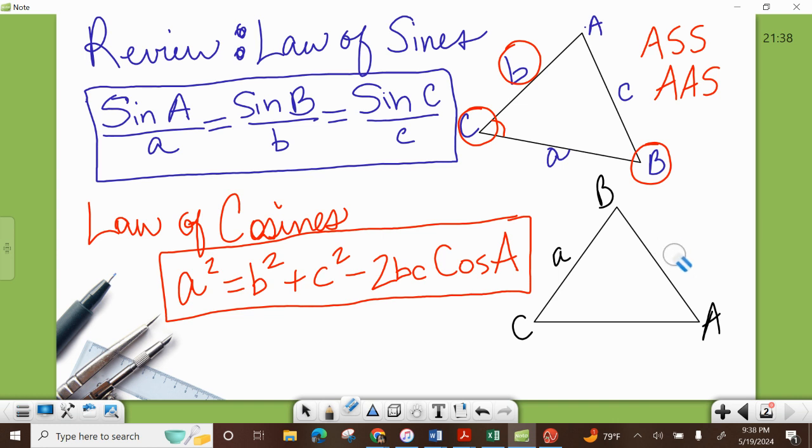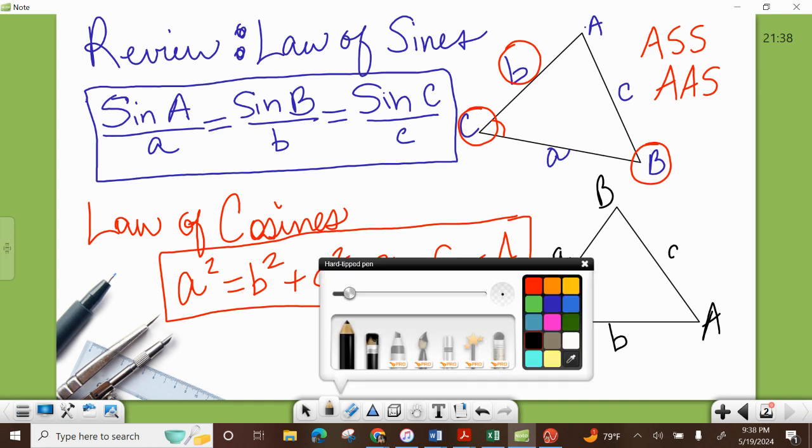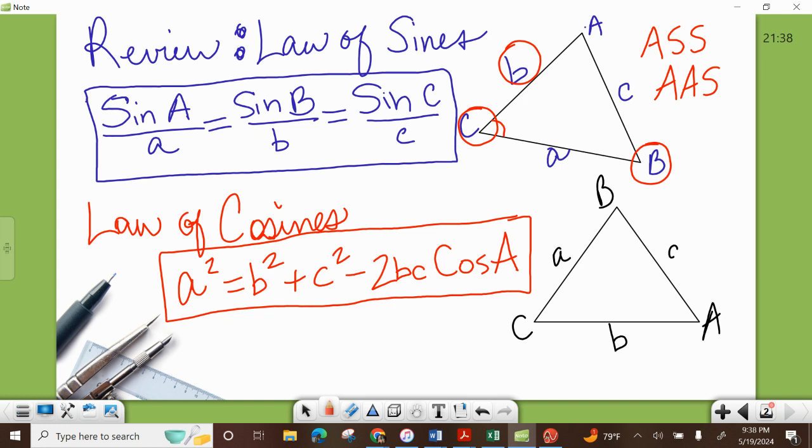So this is C and this is B. When I look at the law of cosines, I'm trying to find, again, something that's missing, and I'm given three components, and I'm trying to find the fourth. So if we look up here at what works for the law of sines, let's think about an angle included between two sides. So let's say that this angle is 40.